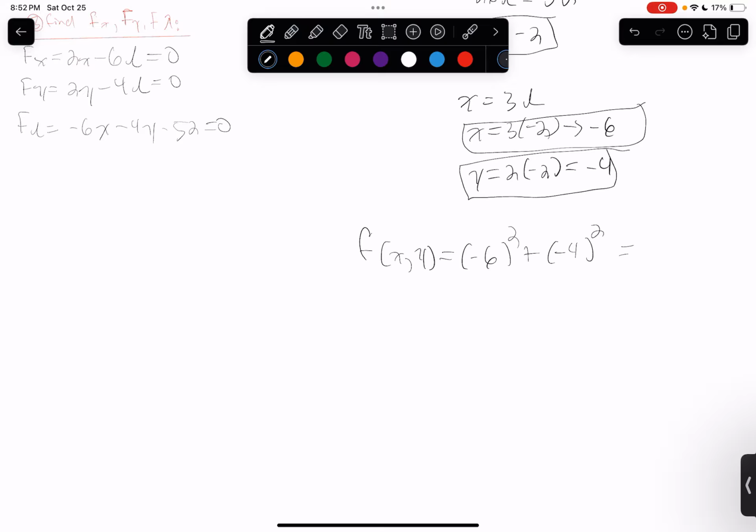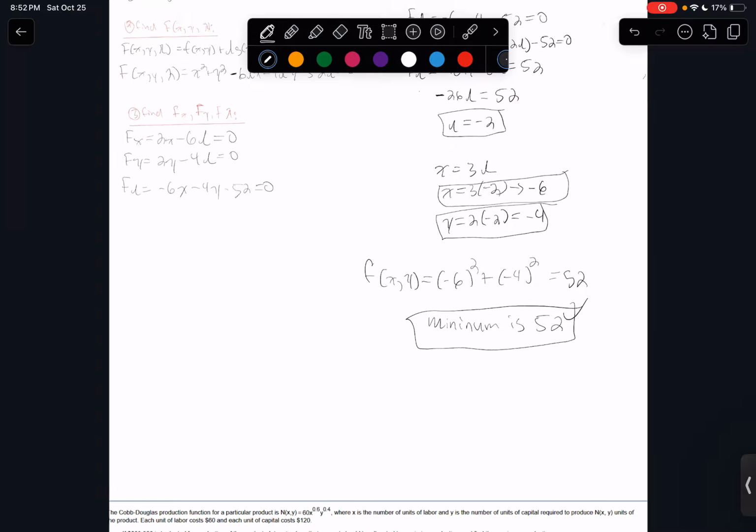And all this is going to equate to 52. All right, we're gonna see how true that is. We'll plug that into a calculator, and we're gonna find that the minimum is in fact 52. So you guys just did that problem correctly.